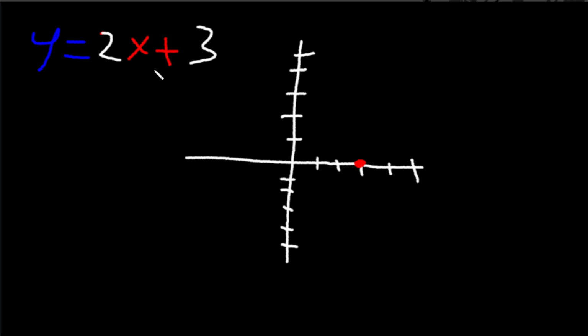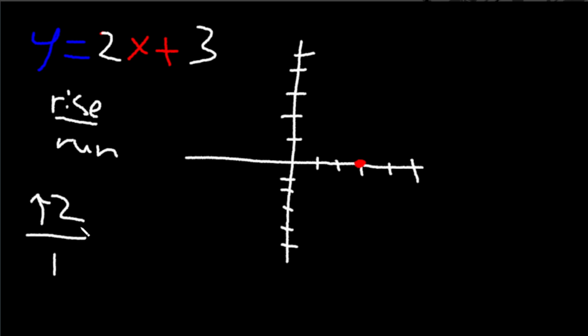So for the slope, it'll be the rise over the run. So right here, it'll be rise 2 over 1. So every 2 steps it goes up, it'll move to the right once. It'll move to the right because this is a positive 2.